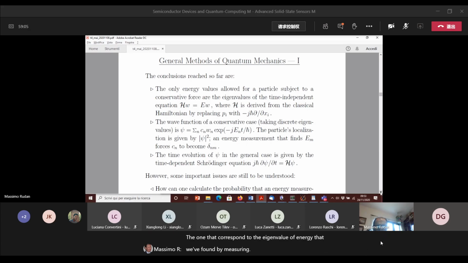Then the time evolution of the wave function is given by the time-dependent Schrödinger equation, j h bar derivative of psi with respect to time equal to the Hamiltonian applied to psi. This is true also in the non-conservative case. Okay? In the conservative case, this equation is already implied by the expression of the superposition principle.